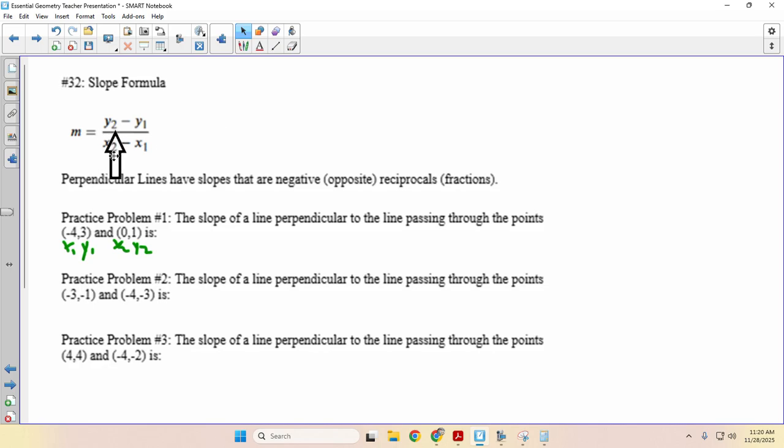So where the y2 happens, I'm going to put in 1. Where the y1 happens, I'm going to put in the 3.